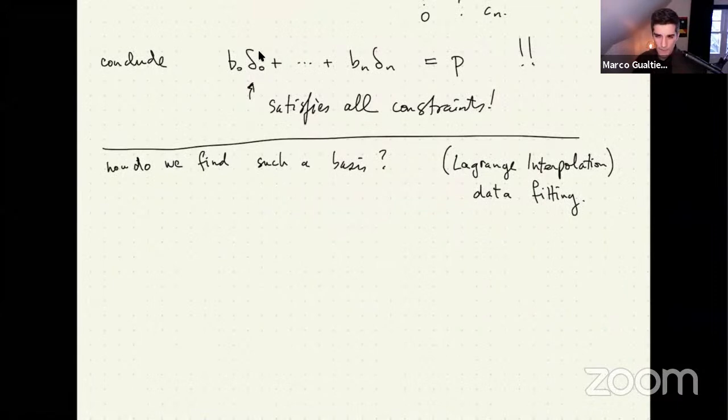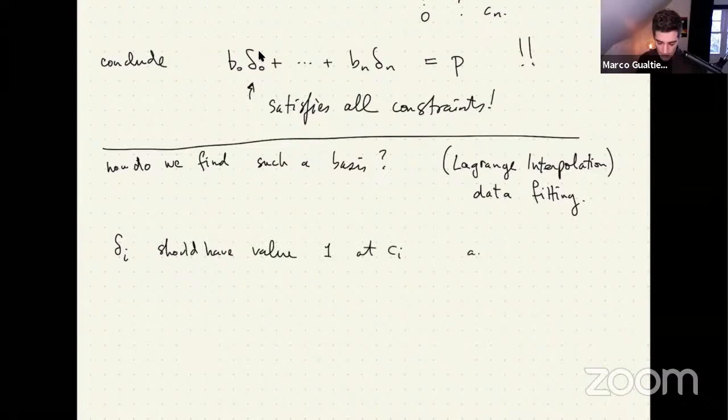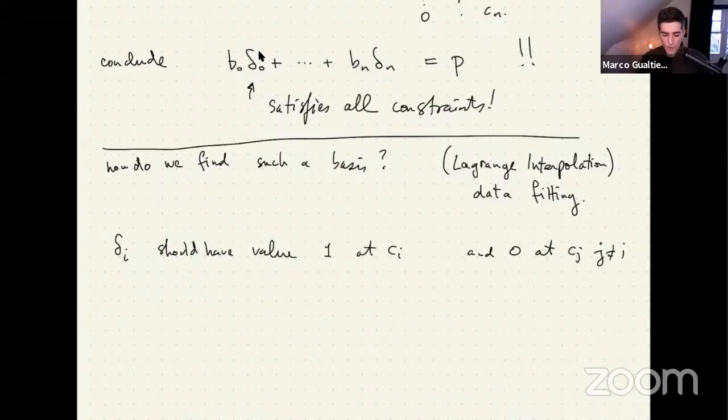Okay, and the idea is very simple. So we're looking for delta i. This delta i should have value 1 at Ci and 0 at Cj, j not equal to i. So how do we produce it? Okay, we're just going to build it by hand, this basis.